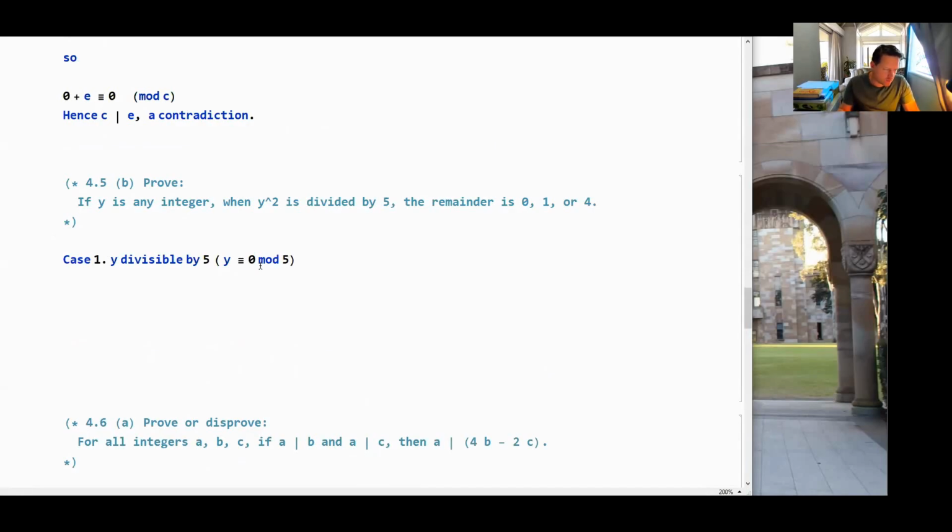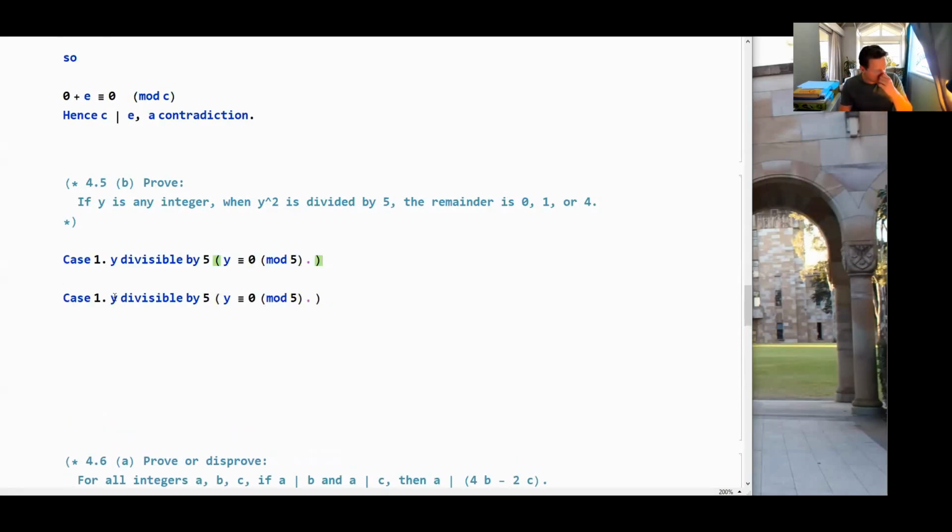Okay, so that's case 1. Now case 2, copy and paste this, and then I'll change it. And I'll just go straight for congruences. Case 2, y is congruent to 1 mod 5, and then we would increase.